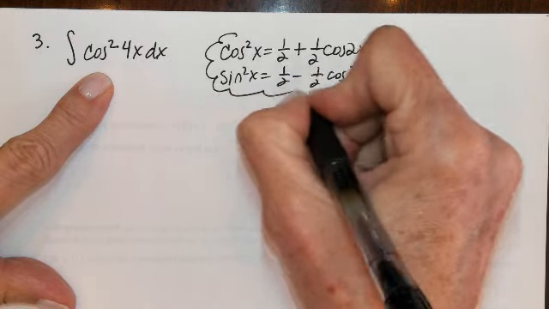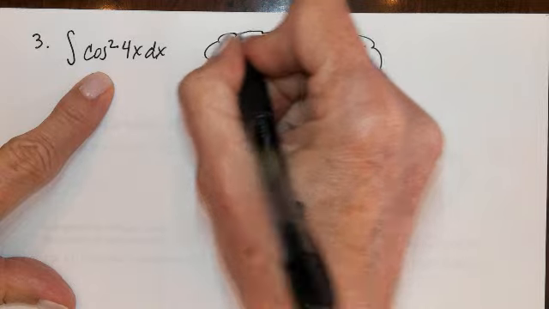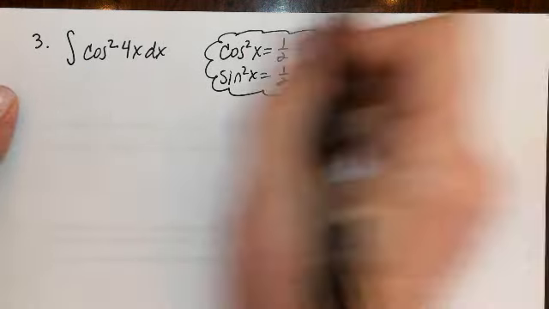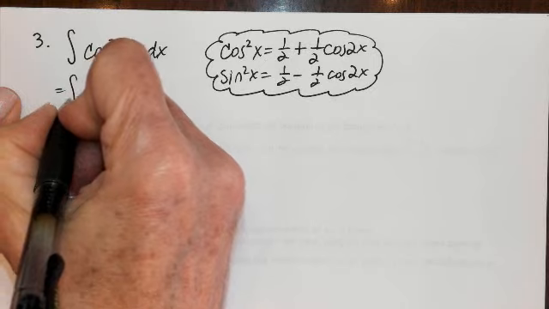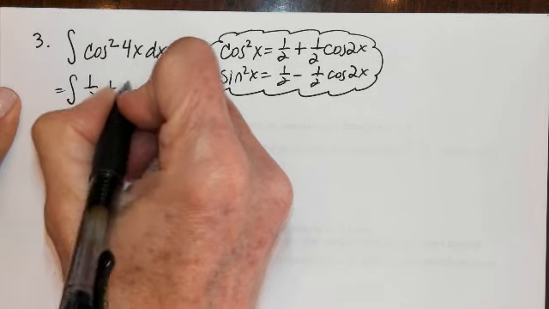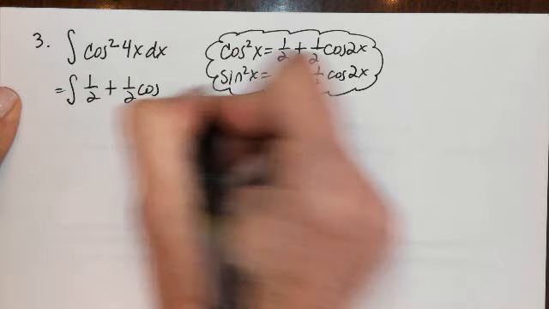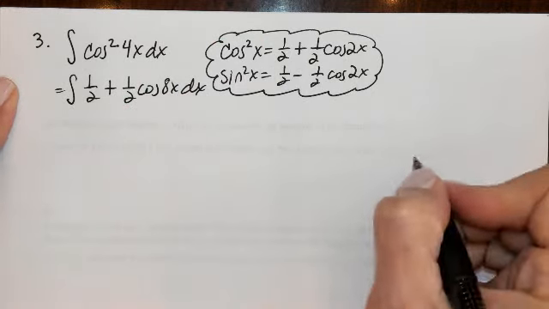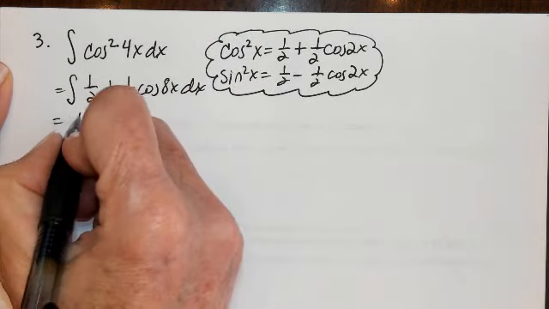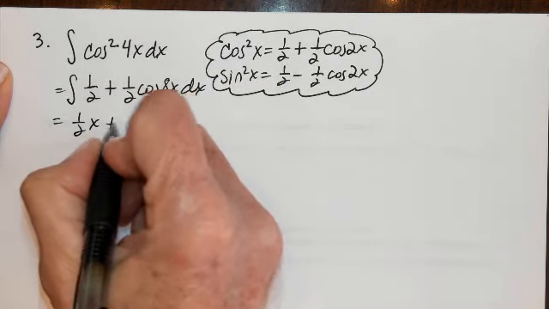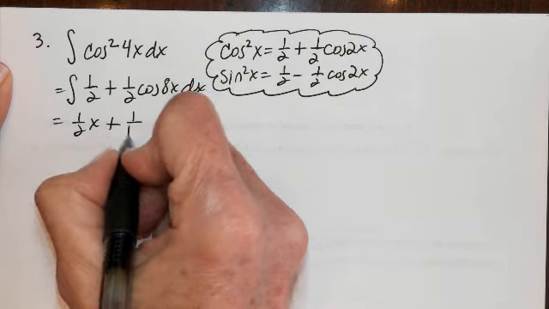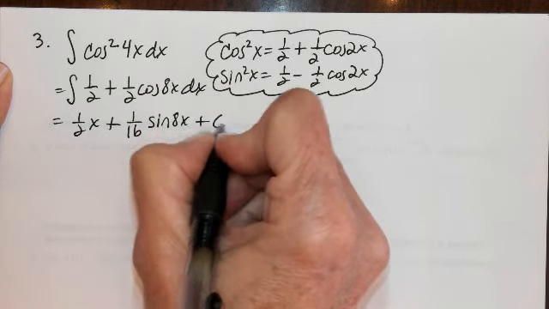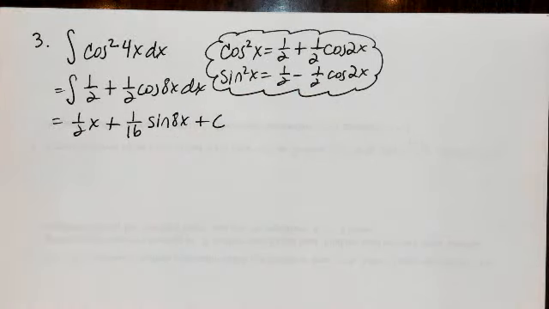Know those two. Okay. So I'm going to change this to the antiderivative of 1/2 plus 1/2 cosine of 8x. So we'll have 1/2 x plus 1/16 sine of 8x plus c.